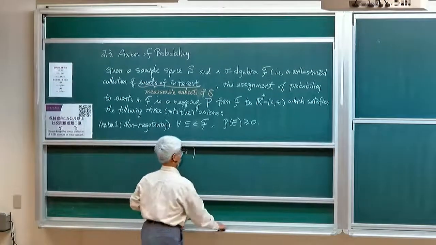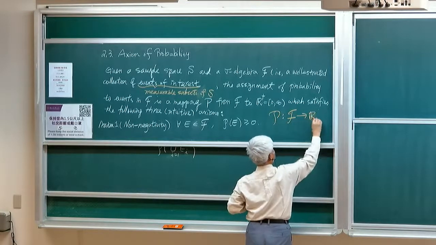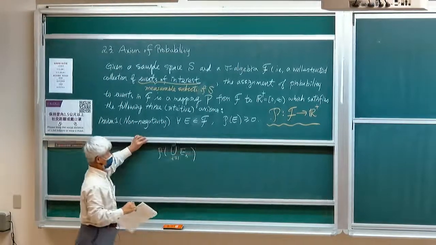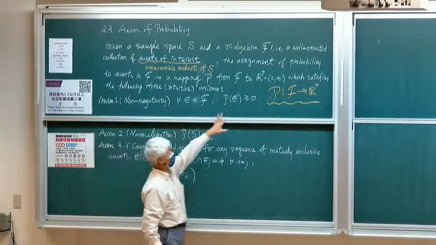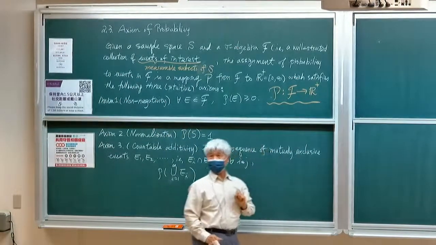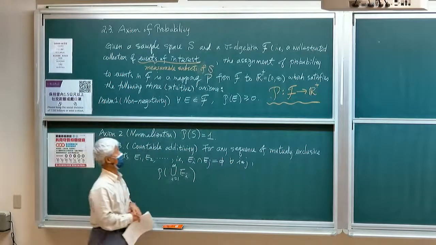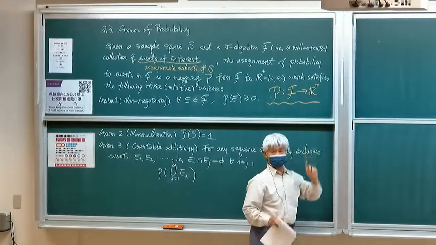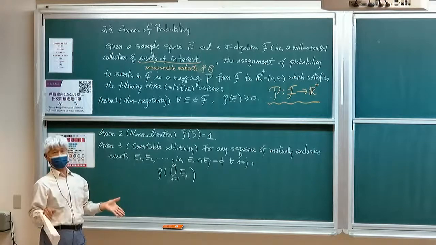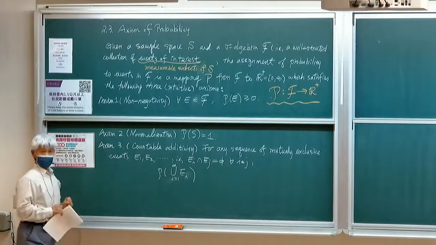So the assignment of probability is a mapping, a function. The domain is the collection of all events of interest, and the codomain is the set of all non-negative real numbers. Just an ordinary function. But such an ordinary function should satisfy three axioms.